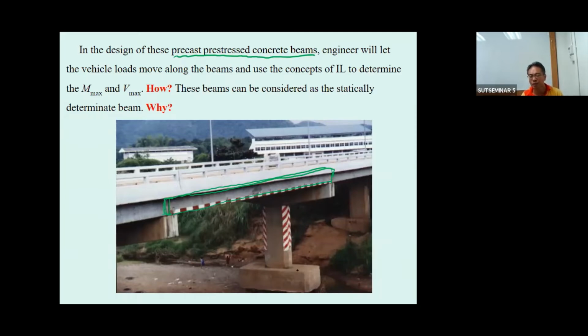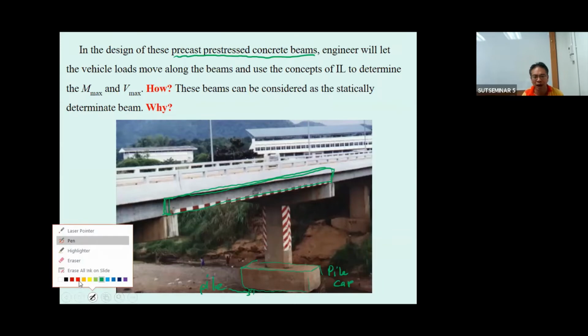Okay, when you build the foundation, you put the pile cap over here, cast the pile cap, this is going to be called the pile cap, and under it is going to be the piles, and then you cast the pier. This is going to be the pier of the bridge.